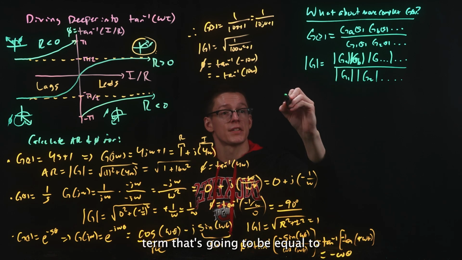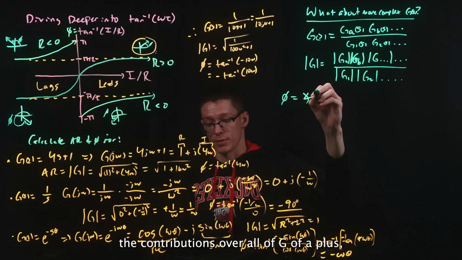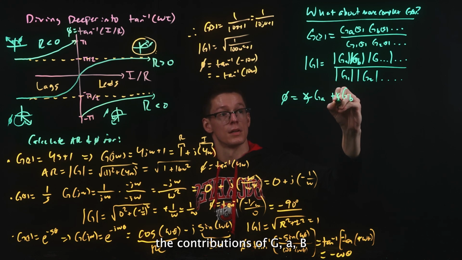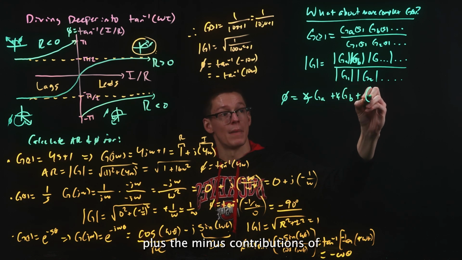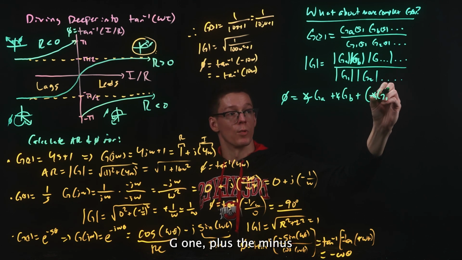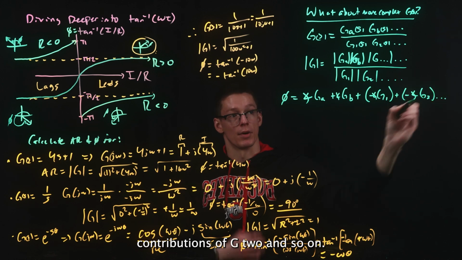For our phi term, that's going to be equal to the contributions overall of G of a plus the contributions of G of b plus the minus contributions of G1 plus the minus contributions of G2 and so on.